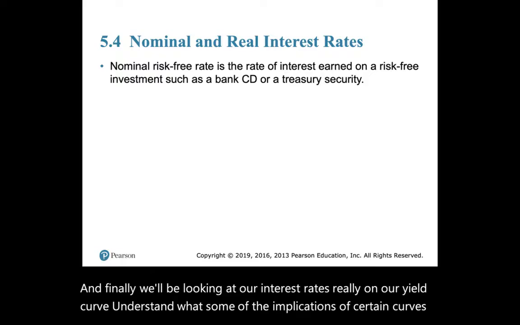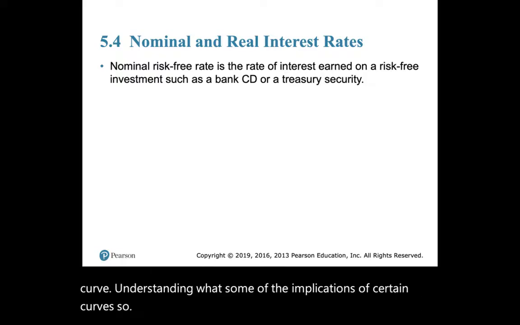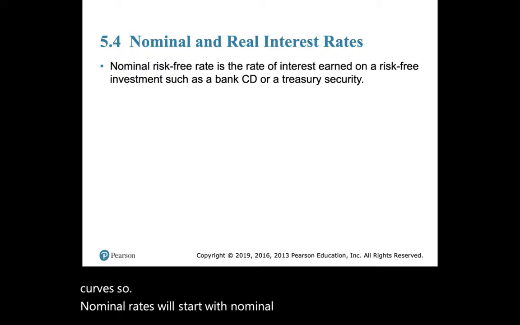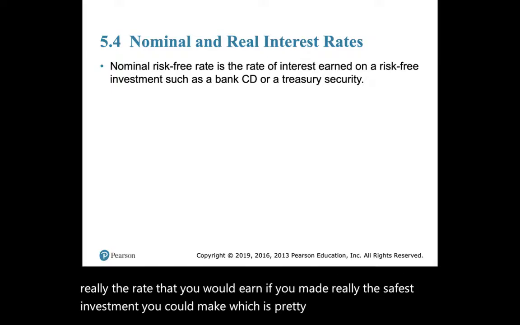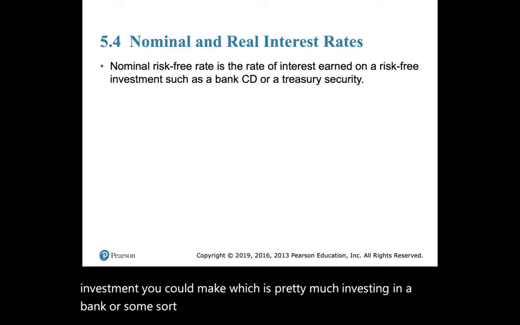So, nominal rates. We'll start with the nominal risk-free rate. This is the rate that you would earn if you made the safest investment you could make, which is pretty much investing in a bank or some sort of government security, like a treasury security.